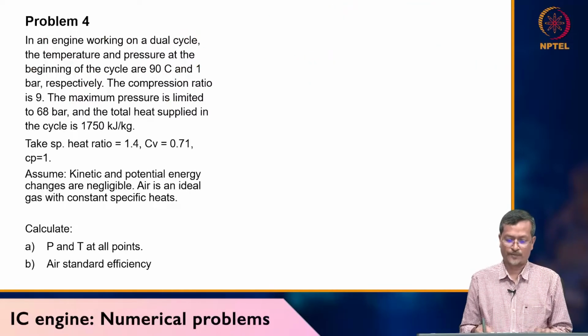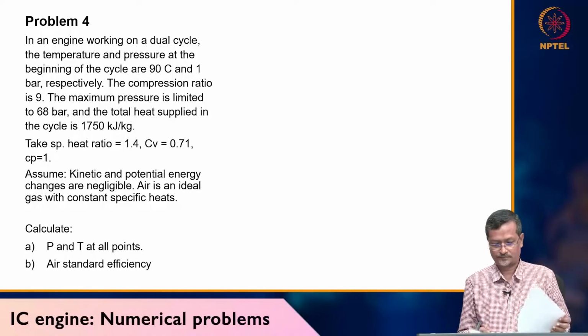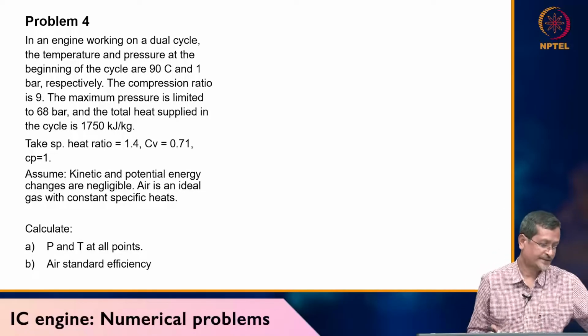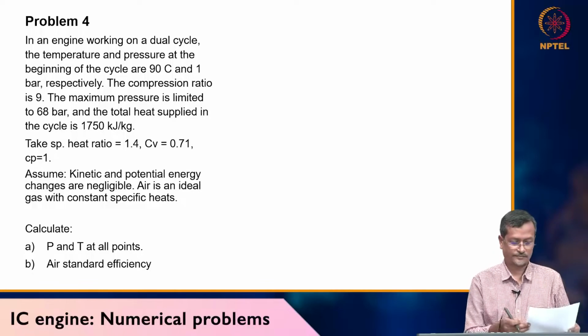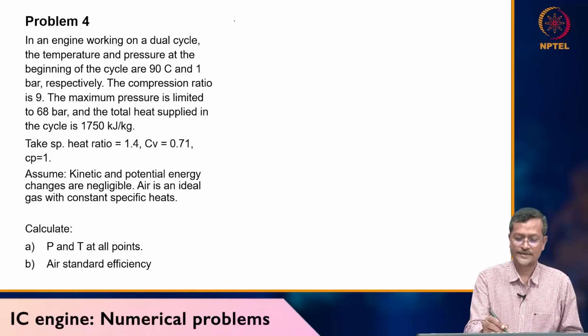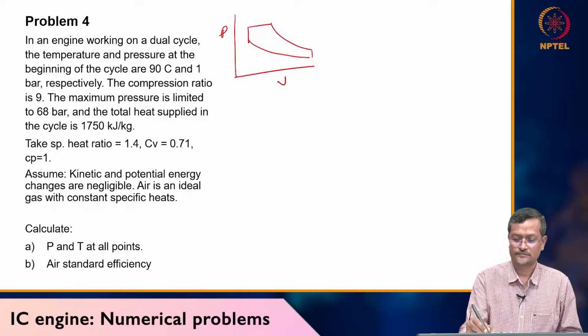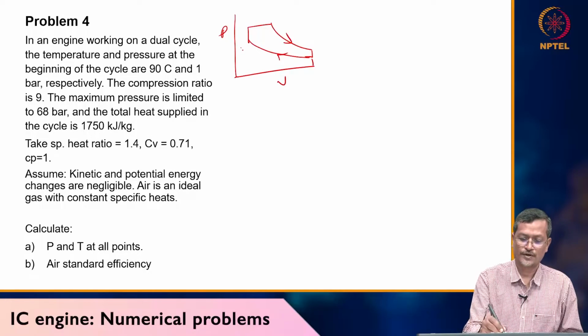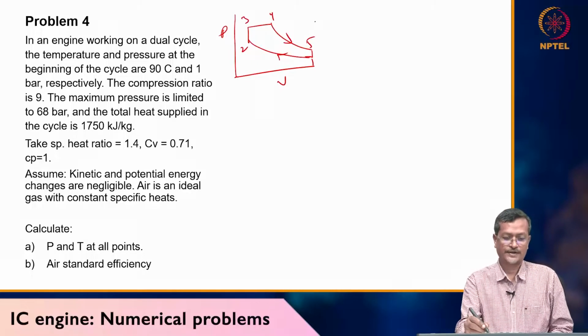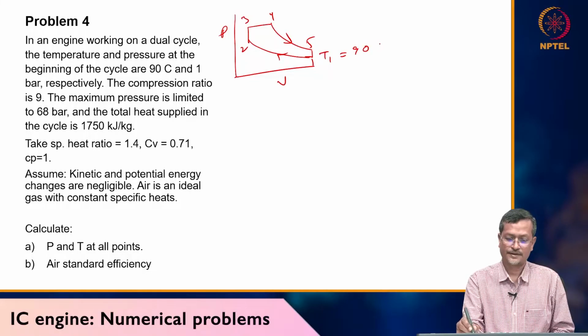Let's see first one problem on dual cycle. So in an engine working on dual cycle, PV diagram 1, 2, 3, 4, 5. The temperature and pressure at the beginning: T1 is given 90 degrees, P1 is 1 bar.